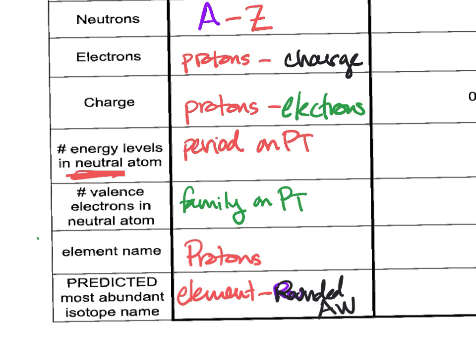Bromine is another good example. It looks like we have bromine 80. However, we have bromine 78, bromine 79, and bromine 81. We see that with chlorine too. It's chlorine 35 and chlorine 37.